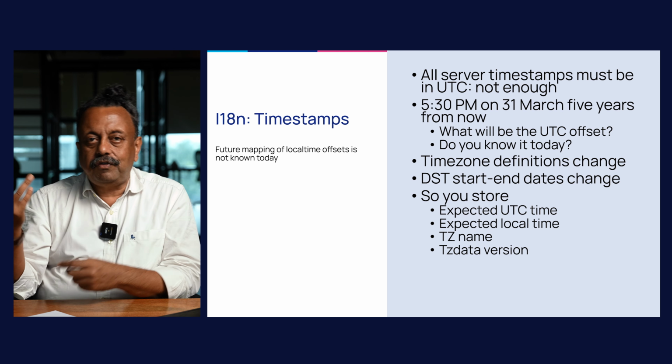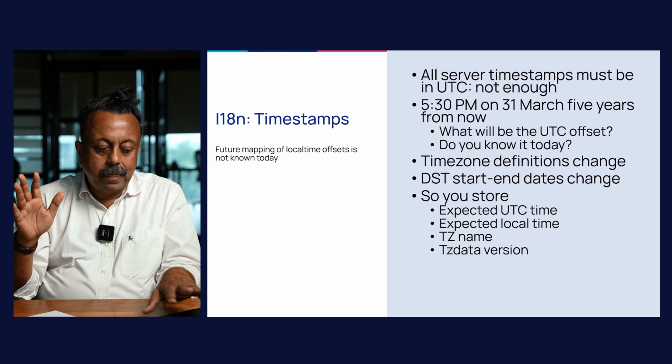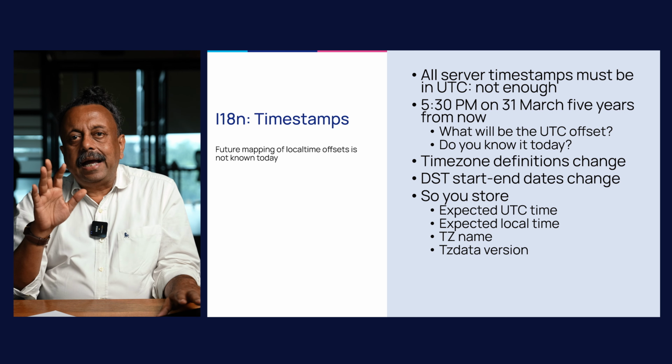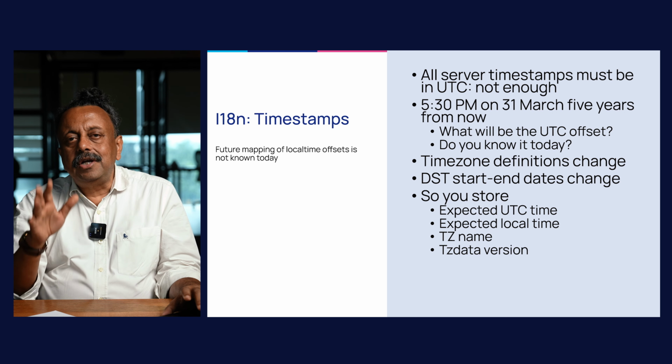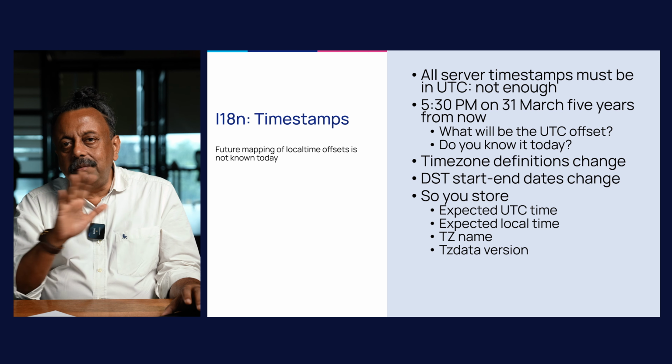If there is no change, you're fine. But if there is change, you have to recompute the UTC timestamp. So time zone data and internationalization of this local time to UTC problem is not trivial.